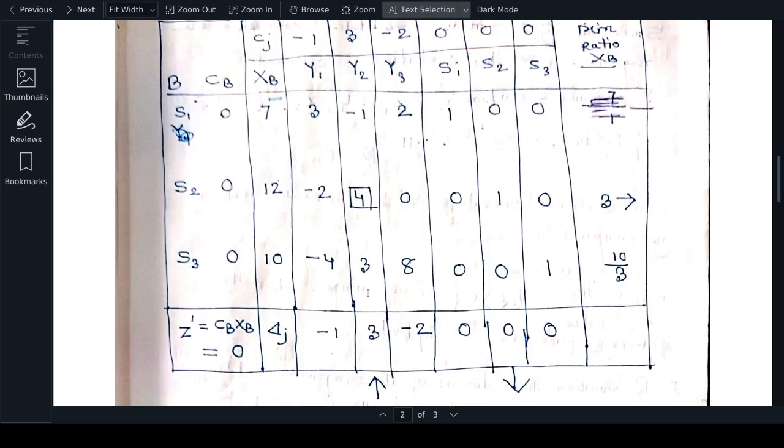There is a formula, and with the help of this formula we consider the minimum ratio. So everyone, do practice. I have given the formula for how to find the elements from the old table to the new table. Just do practice, then it will be clear for you.